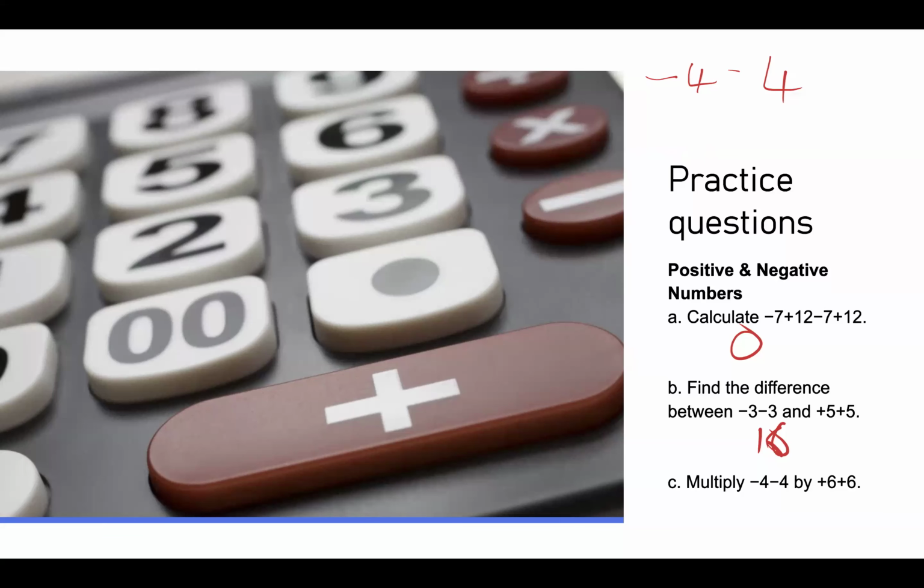And then for 6 + 6, it would be 6 spaces: 1, 2, 3, 4, 5, 6. So 7, 8, 9, 10, 11, and the answer would be 12. So 6 + 6 becomes 12.